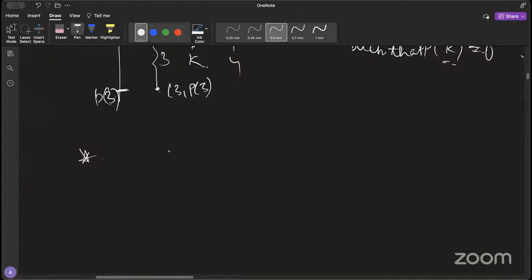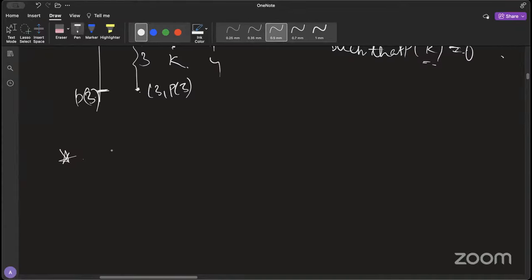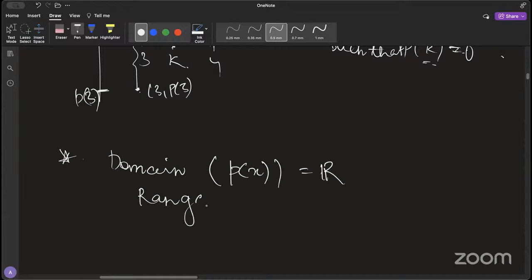Before we start with the graphing part, let's discuss what the domain of polynomials is. What's the domain of polynomials? All real. And what's the range? Yeah, this is real. And what about range?